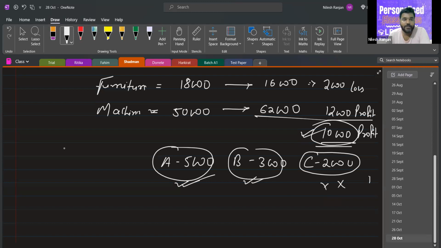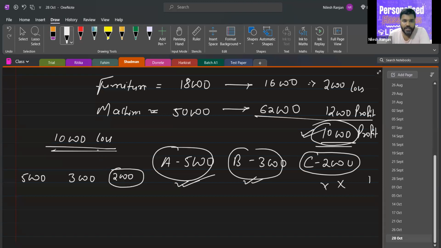Now, in the same manner, if there is a 10,000 loss, then 5,000 will be taken from A, 3,000 from B, and 2,000 from C. After C's retirement, if we calculate this loss after 1 year, and A and B say to C that there is a loss on revaluation, so you have to pay 2,000, will C pay at that time?